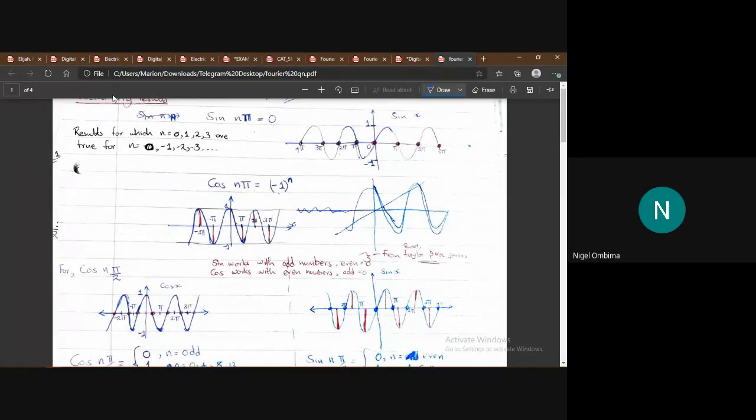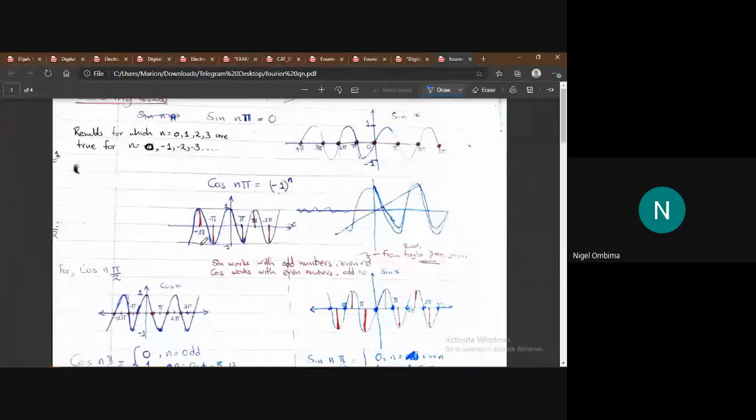It's supposed to be useful trigonometric results or something like that, but in the document itself you can see it. So results for a sin x function, where n is equal to 0, 1, 2, 3 are true for the same as 0, negative 1, negative 2, negative 3 from this other side. And when we take sin n pi, we get a 0.